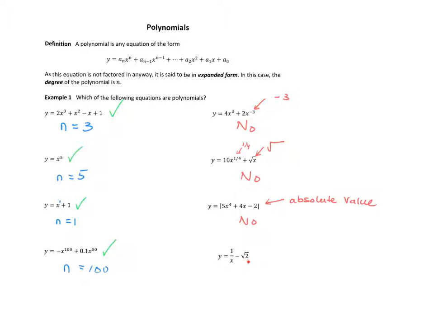That part's okay because we're just subtracting a number at the very end, but the issue is that we have this fraction with a variable in the denominator. So it's a fraction, but more specifically, there's a dividing by x, which does not occur up here. So here we have 4 examples of polynomials, and these 4 are not.